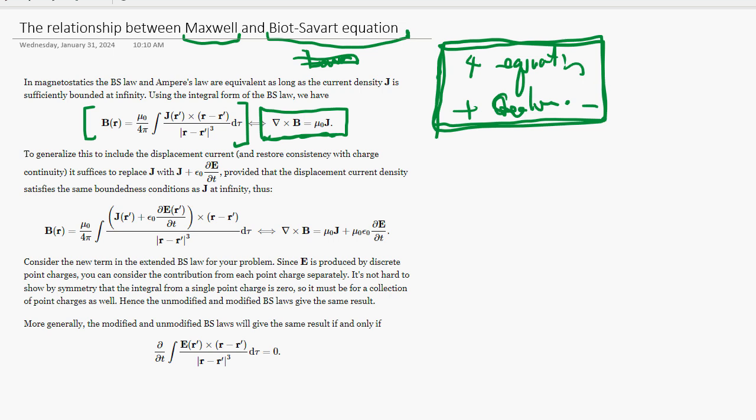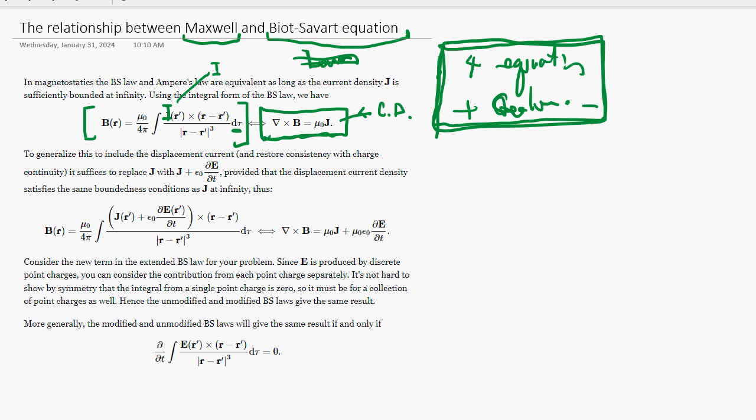A lot of textbooks make the same mistake. This is the integral along the current path, a one-dimensional integral. So this should be I, not a J. The J here is current density, and this should be I, current.